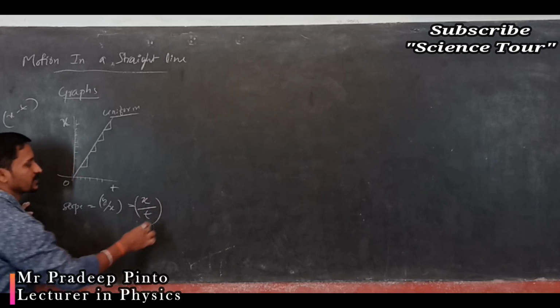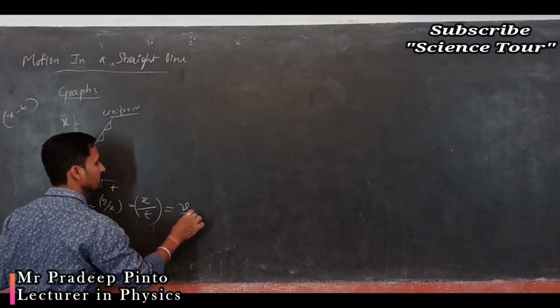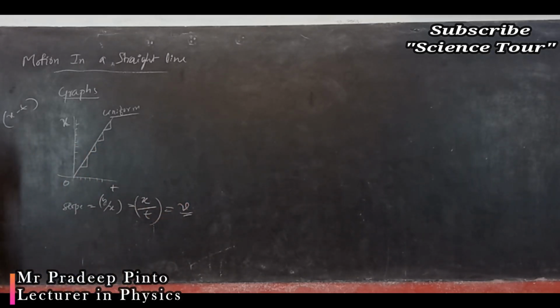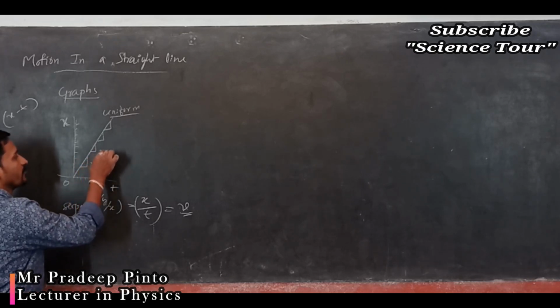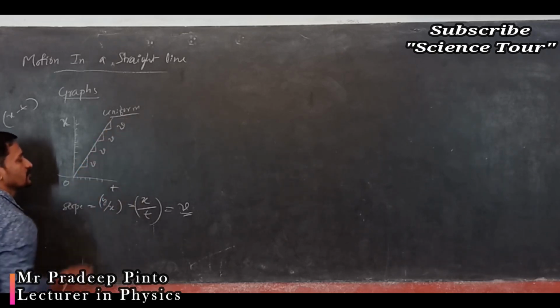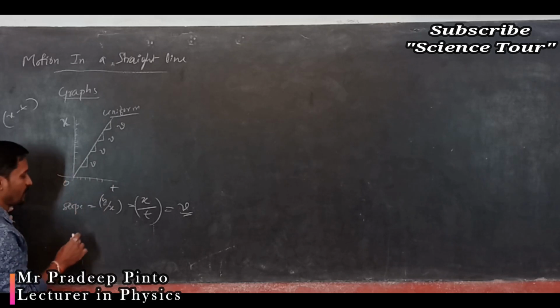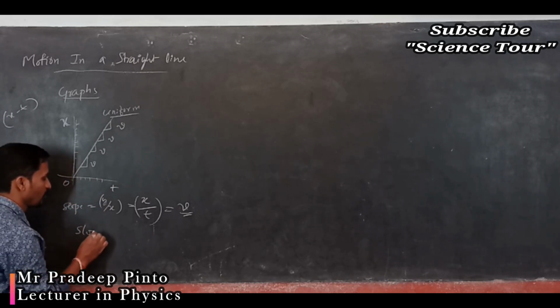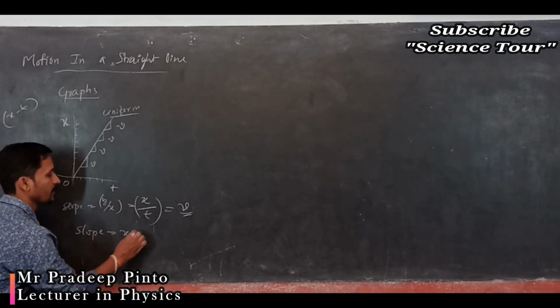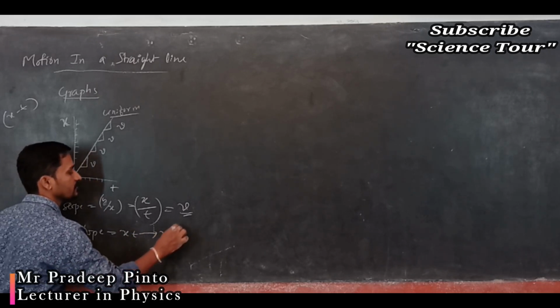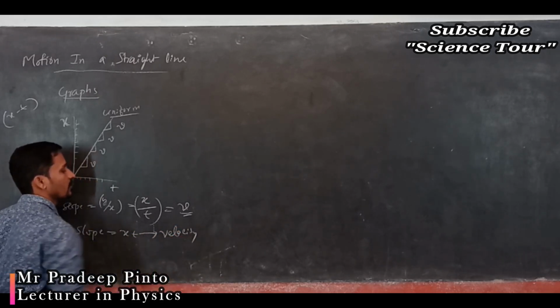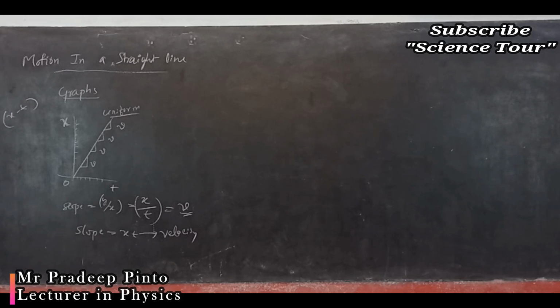So what do you mean by x by t? Displacement by t is nothing but velocity, right? Every time you find the slope you get the velocity, which is constant for this kind of graph. So the slope of the xt graph gives the velocity.